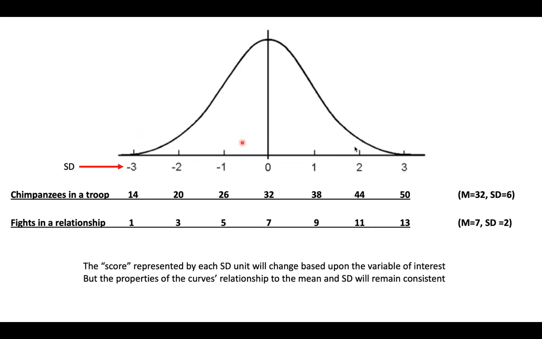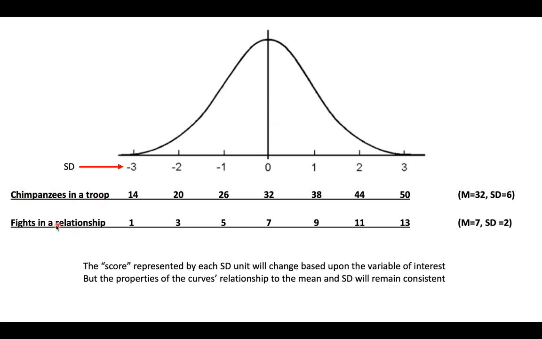Notice how without this curve and its properties, we have no way of knowing what is a normal, a large, or a small chimpanzee troop. We have to fit the data that we collect to the curve, and then the curve helps us determine extremity of our scores.